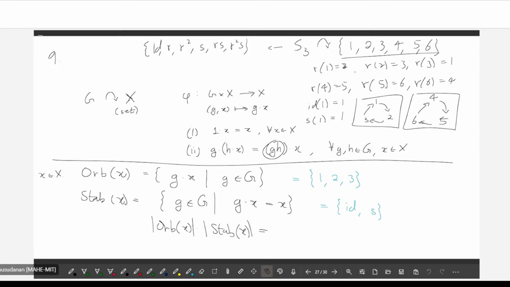The properties are that the identity element of the group must fix every point of the set, and that the action is compatible with the multiplication in the group, in the sense that if you take g dot h dot x, it equals gh dot x.